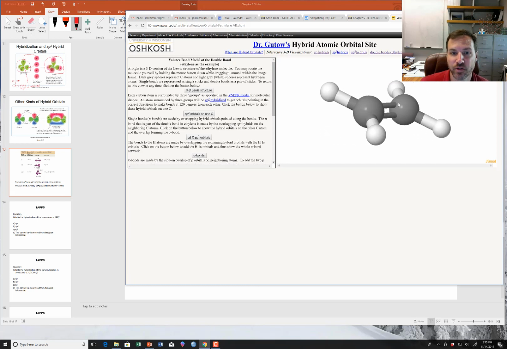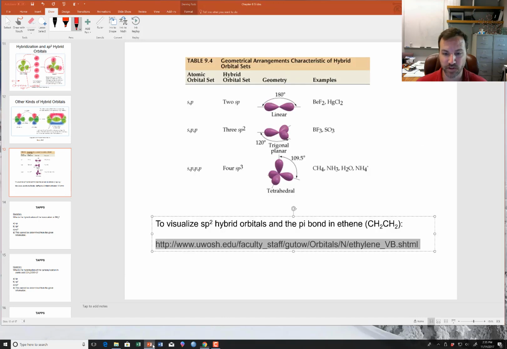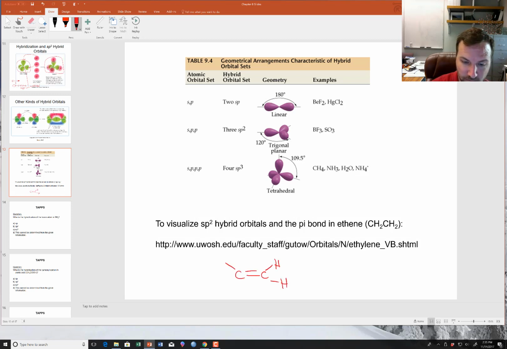So here's the Lewis structure for ethene. So we have a double bond between the carbons. Each carbon is trigonal planar.